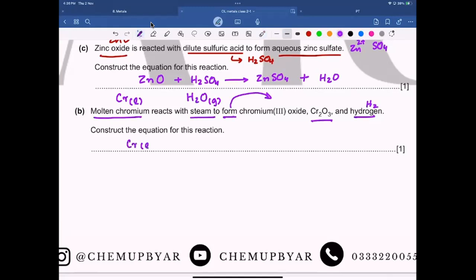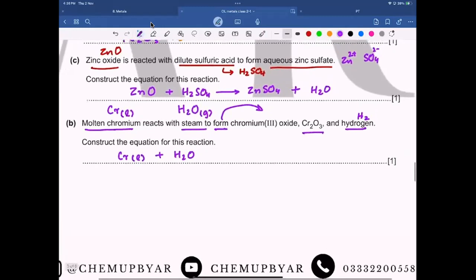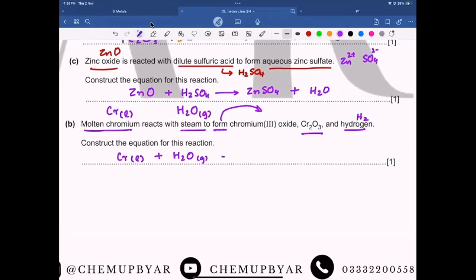And the things which are reacting are the reactants. So I am going to write chromium molten and water vapors, H2O in a gas state on the reactant side, and on the product side I am going to write Cr2O3 and hydrogen.